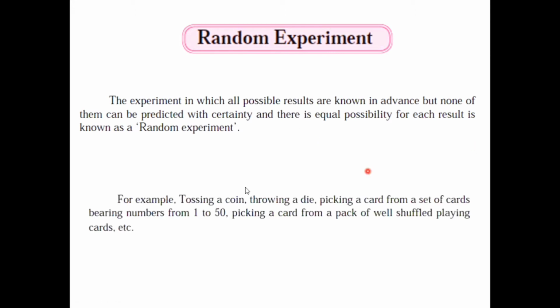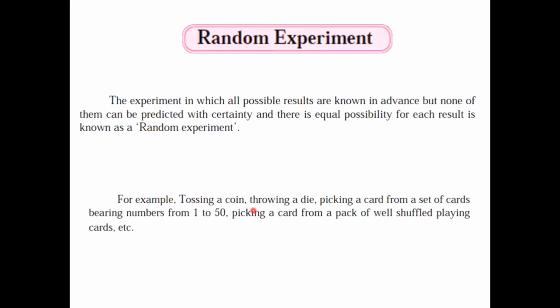For example, if we toss a coin, then there are only two possibilities. We can either get head or tail. In this case, we know the possibilities that we can get, that is head or tail, but we cannot predict any one possibility of getting head or tail.